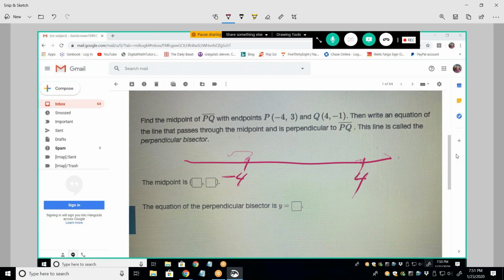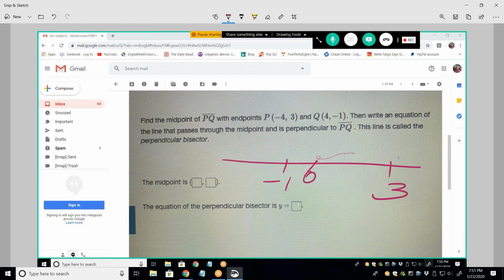So here, let me do this. In other words, if I put this on a number line, and there's -1, and there's 3, and there is 0, well, you can see that 1 is the midpoint, because 1 is 2 away from 3, and it's also 2 spaces away from -1, right?